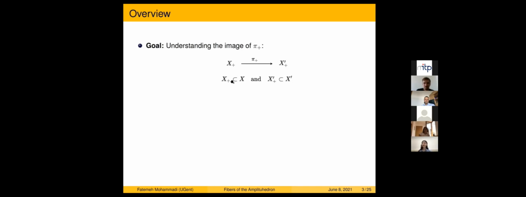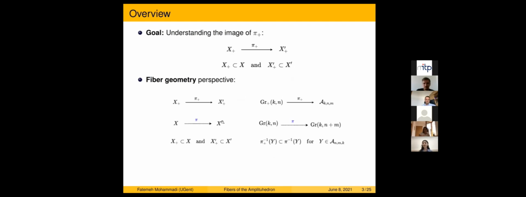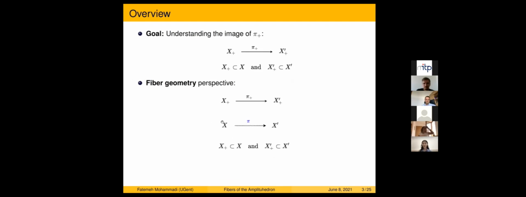Okay, so the approach we are going to take here is by studying the fibers of these maps. Namely, we take a fiber geometry perspective, so we are going to look at the extension of this map pi plus. Instead of looking at the image of this map, we extend it to the larger space between X and X prime, and then look at the fibers and the pre-images of this map. What do I mean by that?